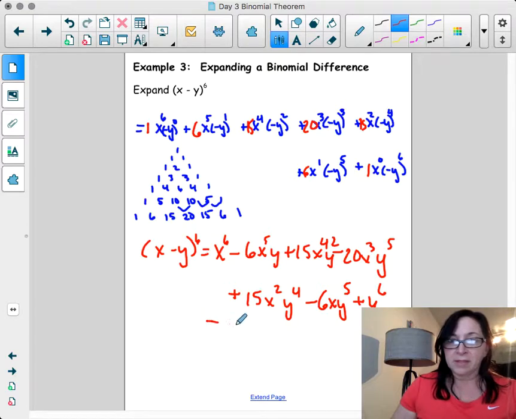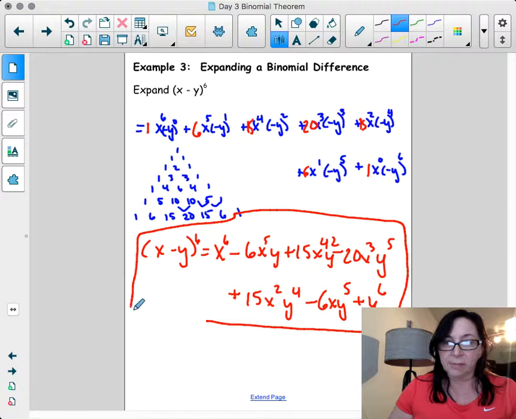There we go. And so that is the expansion of the binomial theorem for x minus y.